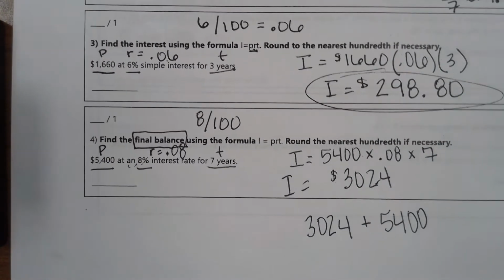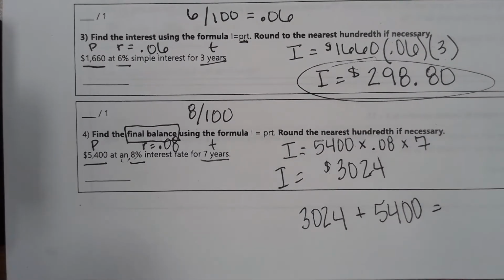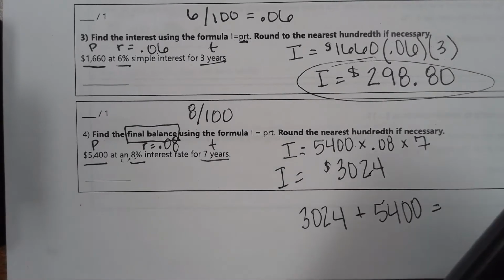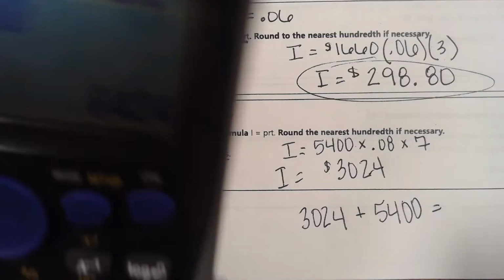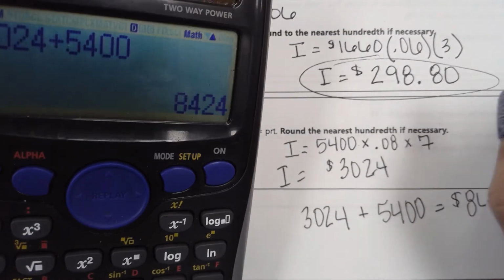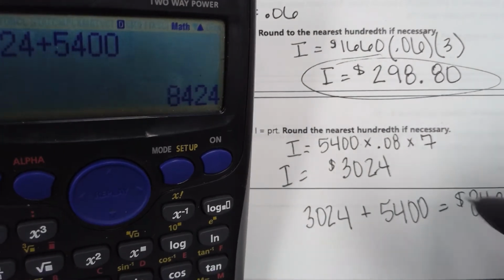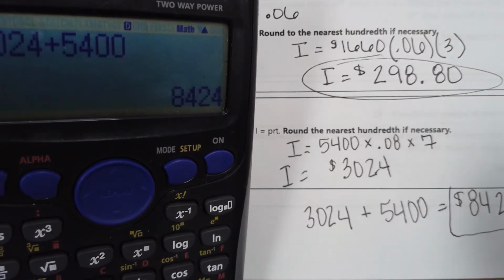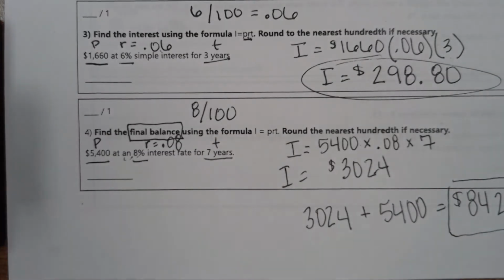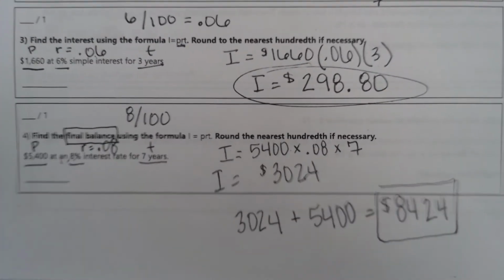So when I add it back to the money that we borrowed, I get $3,024 plus $5,400. I get $8,424. So that is how much money I will be paying after the 7 years is up. So that should be my answer, that $8,424.